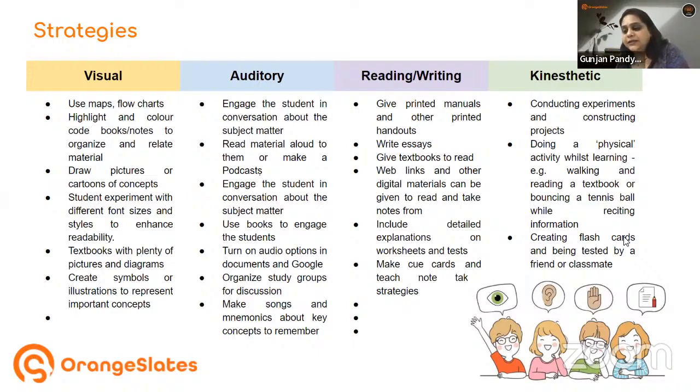Even if you are teaching history, you can put projects, you can divide people in groups, you can ask them to do a role play. You're teaching the same thing, but adding visual, auditory, and kinesthetic, combining things in a role play. So these are some strategies which you can do.